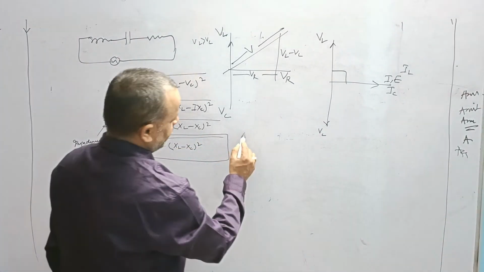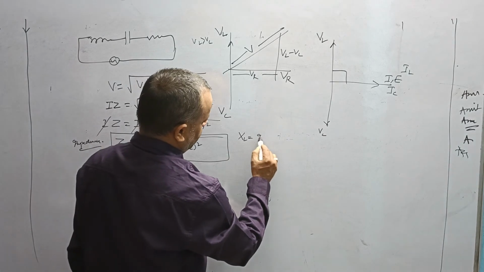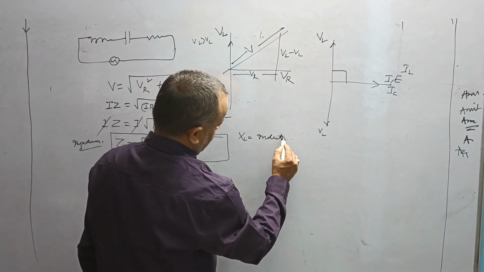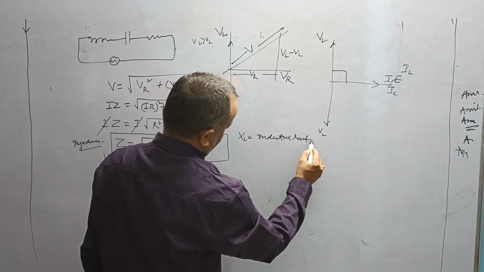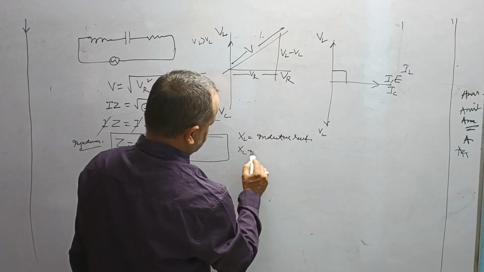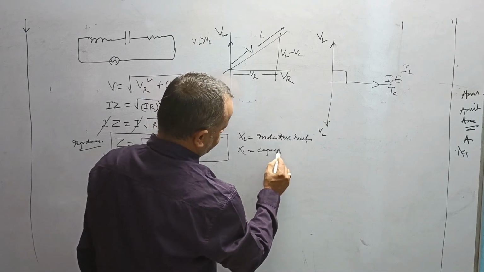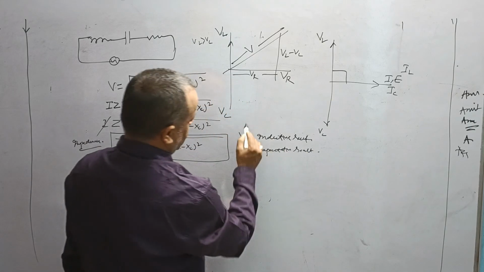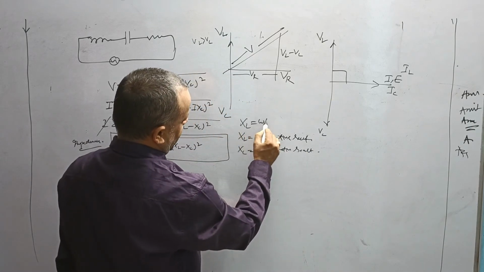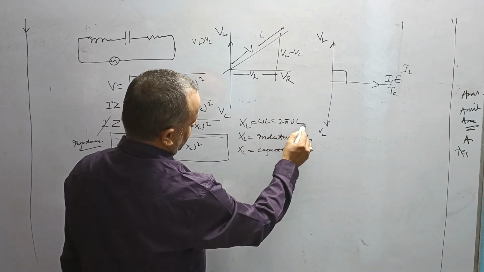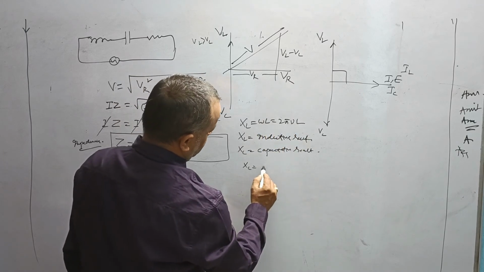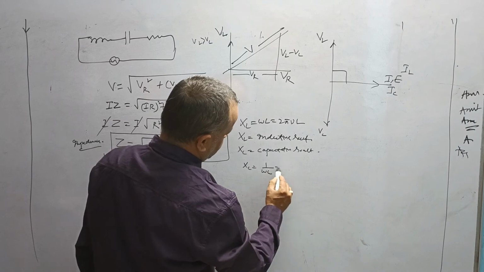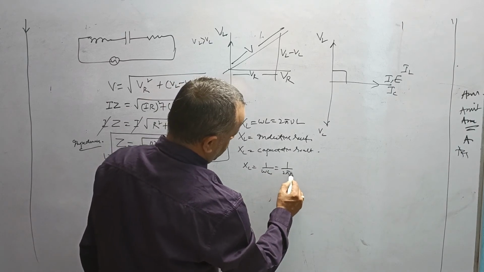What is XL? XL is the inductive reactance, and XC is the capacitive reactance. XL we know is omega into L, that is 2 pi nu into L. XC is 1 upon omega C, that is 1 upon 2 pi nu into C.